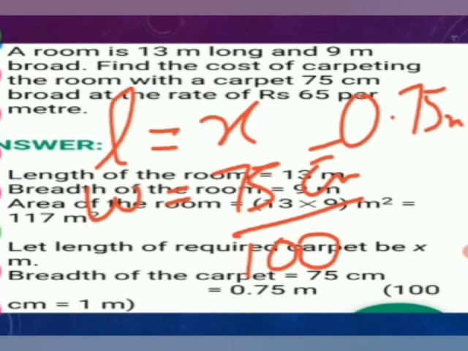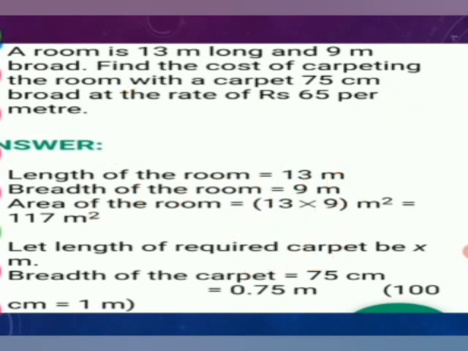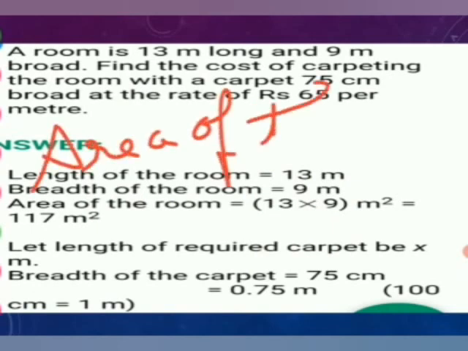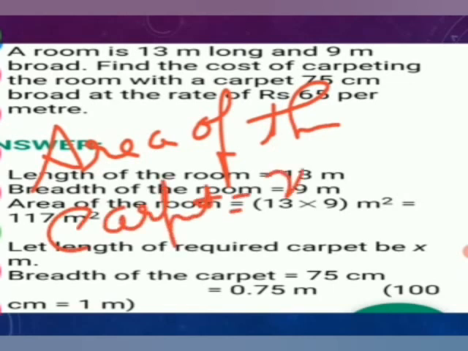So now we will calculate the area of the carpet. Area of the carpet is L into B. L is x here and B is 0.75. So this will be the area of the carpet. Now this area of the carpet will be equal to the area of the room, because the entire room has to be covered with the carpet.